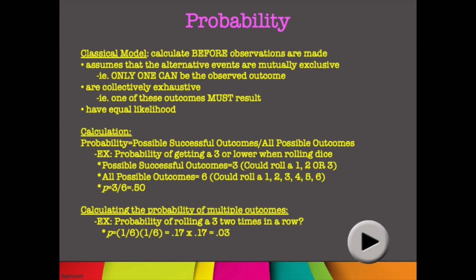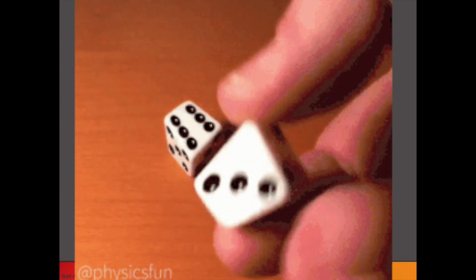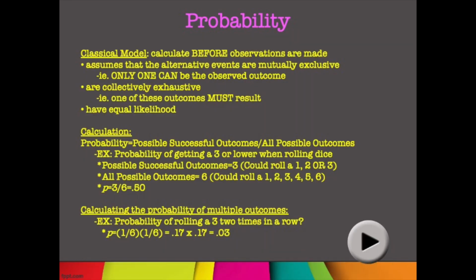But when you roll the dice, all possible outcomes, like what are all the numbers it could land on, are a 1, a 2, a 3, a 4, a 5, or a 6. So all possible outcomes is 6. To calculate the probability, I would take possible successful outcomes, which is 3, over all possible outcomes, which are 6 because it's a 6-sided die. So 3 out of 6 would give me a p-value equal to 0.50.